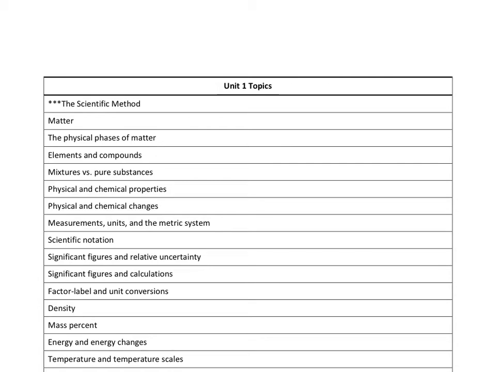Then the next two things there, right here. We talked about a logic tree of matter. Matter can either be a pure substance or it can be a mixture. Elements or compounds are examples of pure substances.